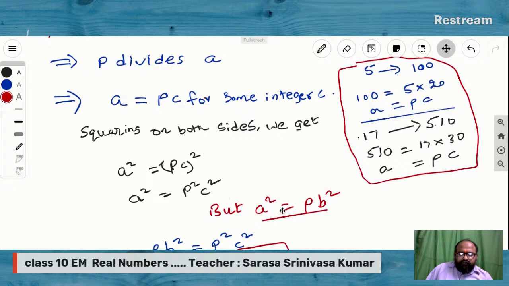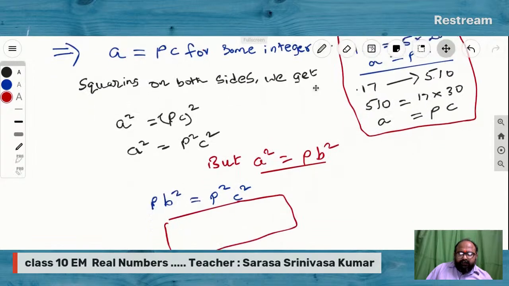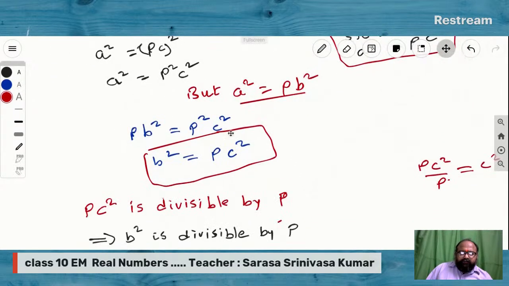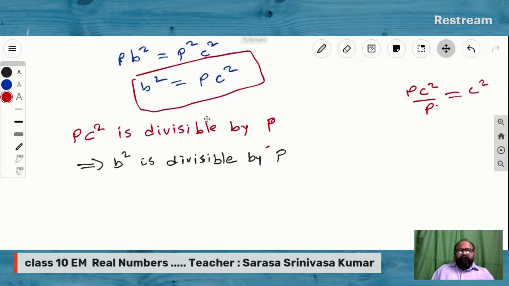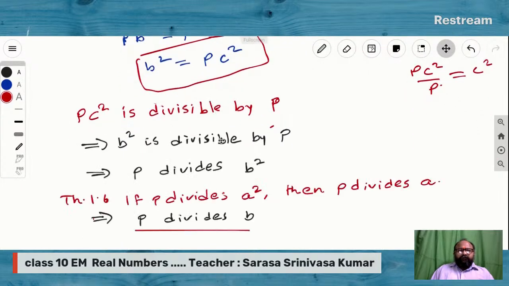So from these two equations, we can write pb square equal to p square c square. On left cancellation we get b square equal to pc square. So here we got b square equal to pc square.